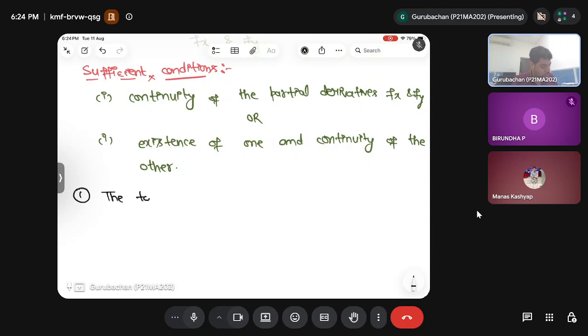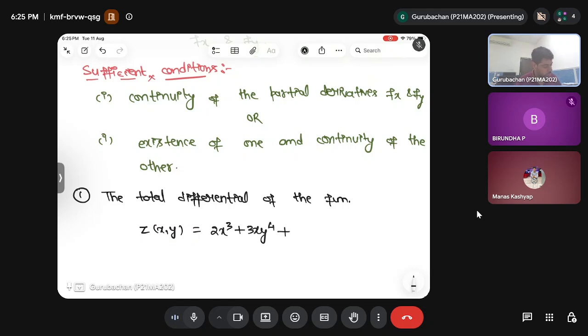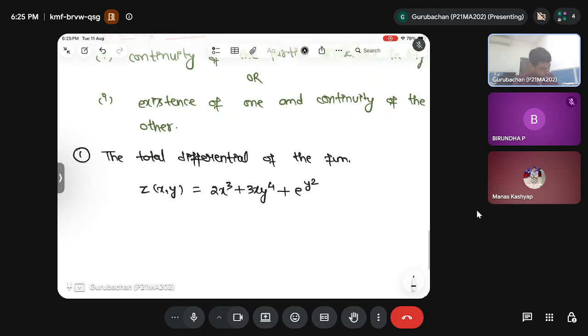The total differential of the function z(x, y) equals 2x cubed plus 3xy to the power 4 plus e to the power y squared is equal to (a x squared plus 3y squared) dx plus (b x y cubed minus c y e to the power y squared) dy.